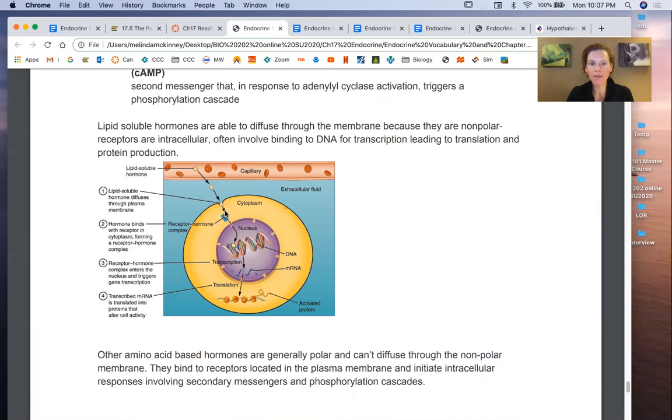And then it will eventually bounce into a receptor, and that receptor will then guide the hormone and the receptor complex, usually into the nucleus, where it binds to the DNA for transcription, and that usually leads to protein production. So steroids or lipid-soluble hormones usually result in DNA transcription and then translation.